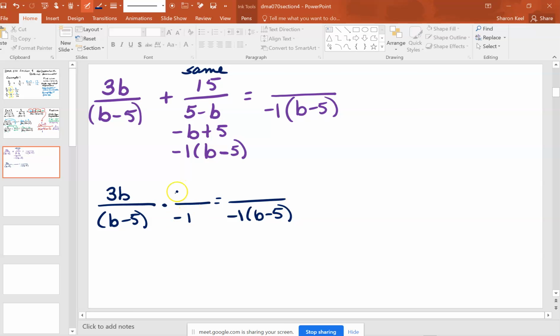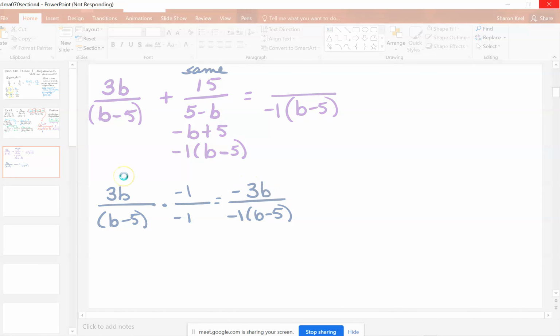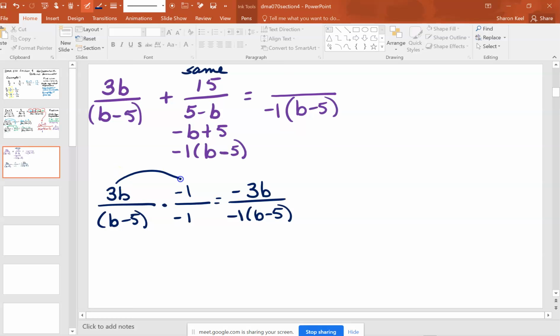So we're going to have to multiply top and bottom by negative 1. So that's going to give me a negative 3B when I distribute here. When I multiply, that gives me a negative 3B. So what I have is negative 3B plus 15 over this.